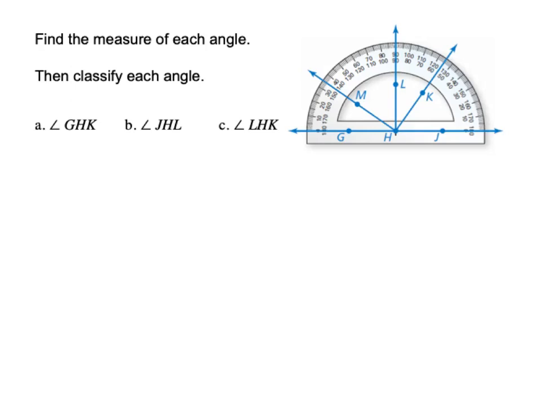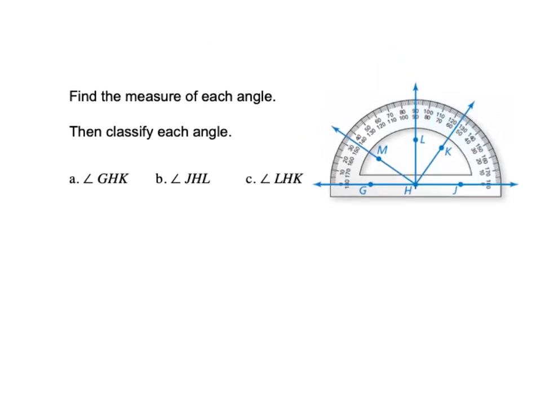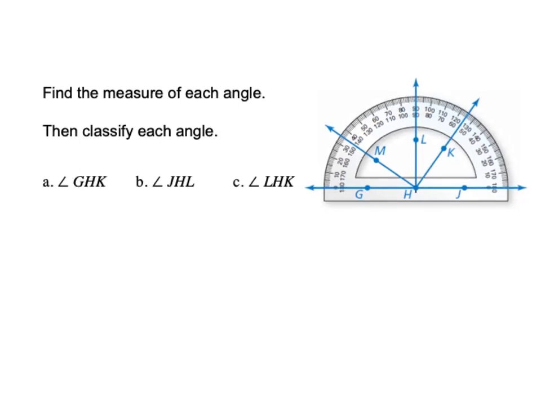If we look here at the protractor, we're going to actually measure this. It's asking us to find the measure of different angles and then classify them. Classifying means that we are going to say, is it an acute angle, a right angle, an obtuse angle, or a straight angle? So let's find the first angle, GHK. Let's highlight it here. We have GHK. One side of the angle is at 0 degrees.